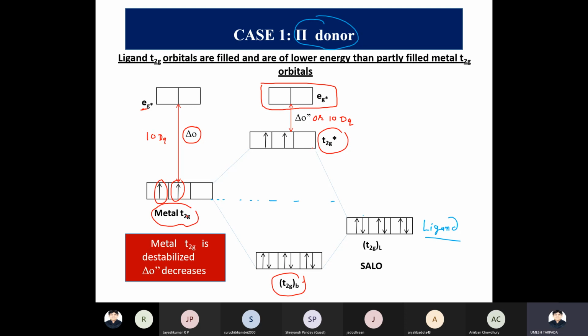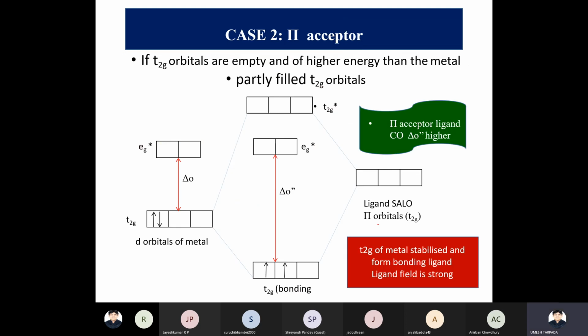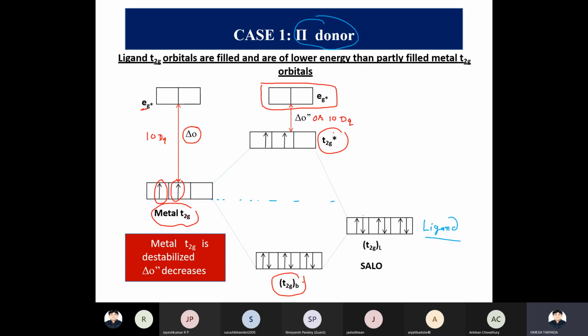केस नंबर 2 में क्या होगा आप इससे predict कर सकते हो? लिगेंड ऑर्बिटल है, उसका diagram कैसे रहेगा? केस नंबर 2 में लिगेंड की energy ज्यादा रहेगी, किससे? Metal से. तो again see यहाँ पे Eg star और T2G star, इनके बीच का difference 10 Dq था.